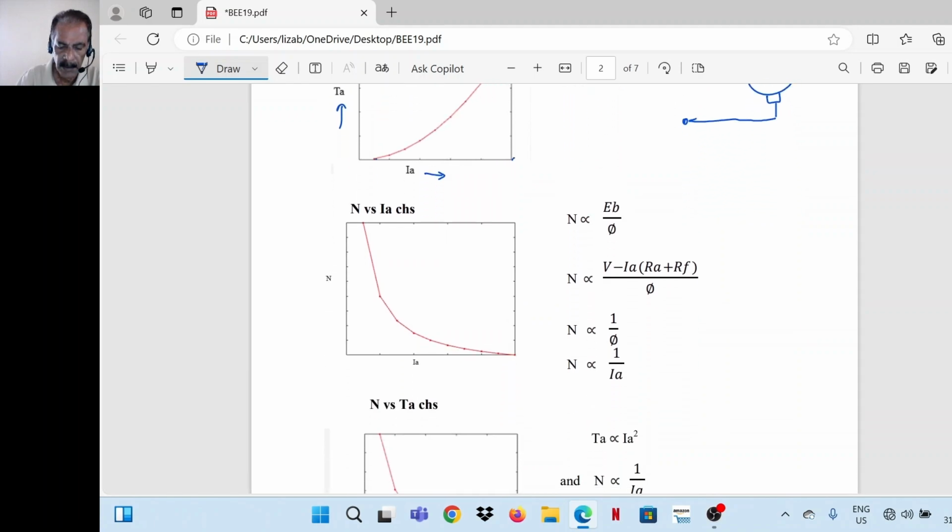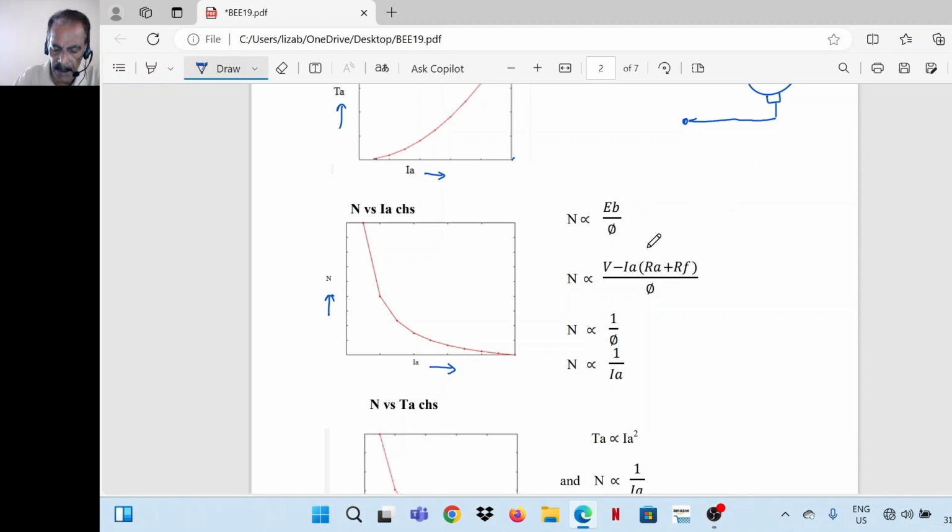Next, speed versus armature current. So speed is proportional to EB by phi because EB is equal to phi z N P by 60A. Other parameters are constant. So we can rewrite it as N is proportional to EB by phi.